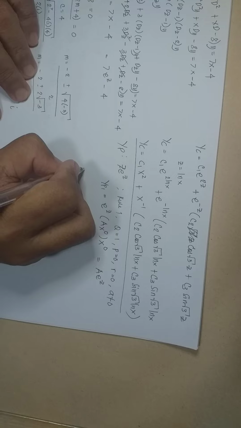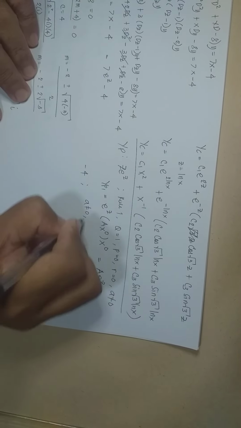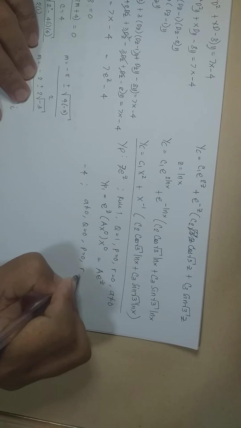Now for negative 4, your a is not equal to 0, your q is equal to 0, p is equal to 0, r is equal to 0.